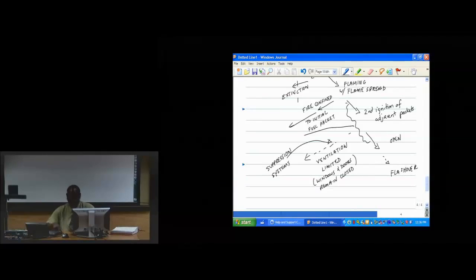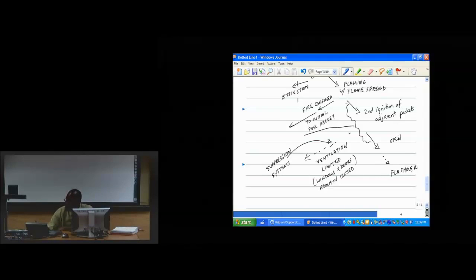So what we've been describing here is a pathway for a fire to move from some sort of ignition source to a much larger, much more damaging process and phenomenon.